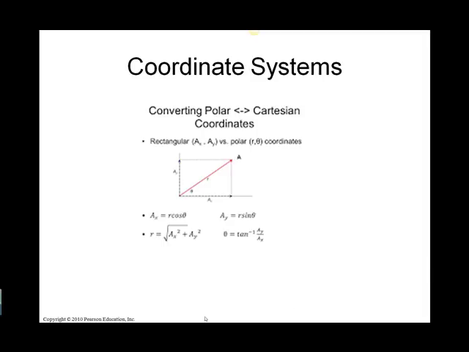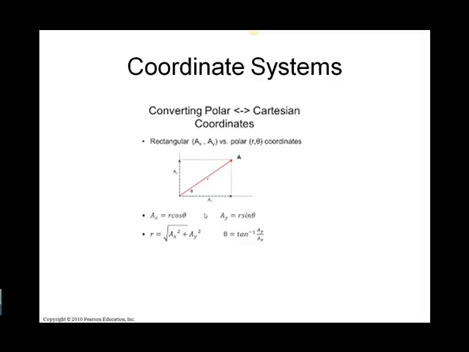So just like we can find x and y using cosine and sine, we can also find the hypotenuse and the angle. And the hypotenuse and the angle are found using Pythagorean theorem and tan theta. So tan is opposite over adjacent.